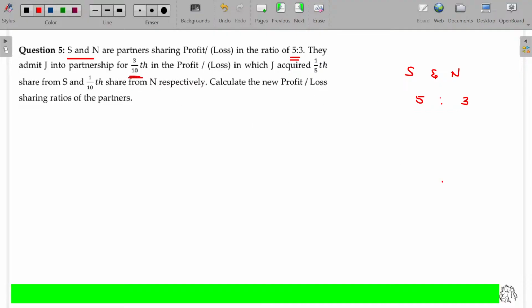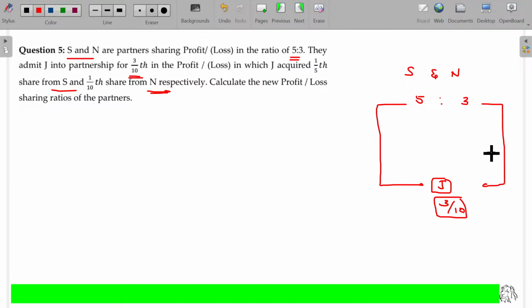They admitted J, and for whom the profit shared being 3/10 of the firm's profit, in which J acquired 1/5 share from S and 1/10 from N. 1/5 from S, 1/10 from N.